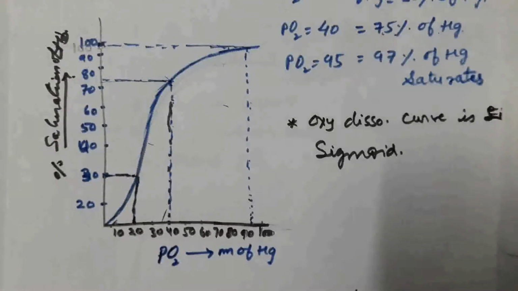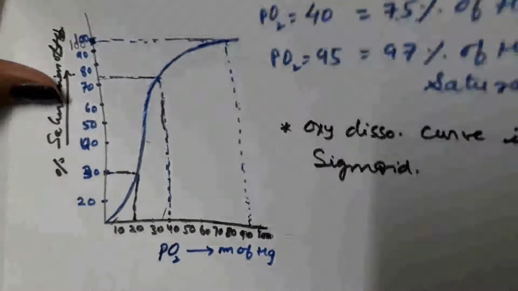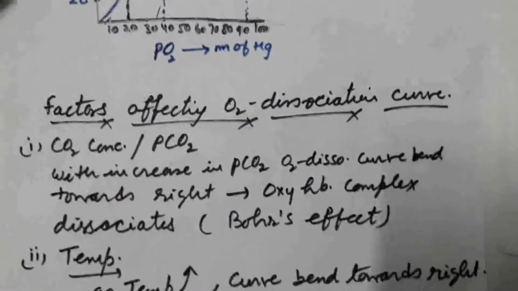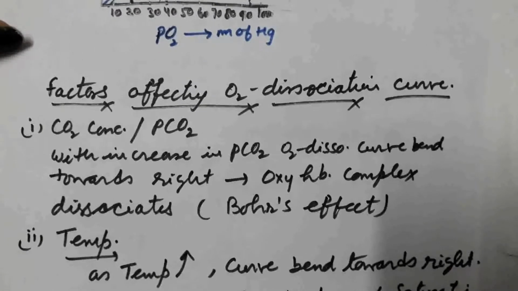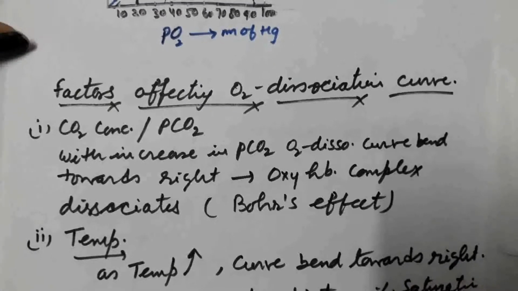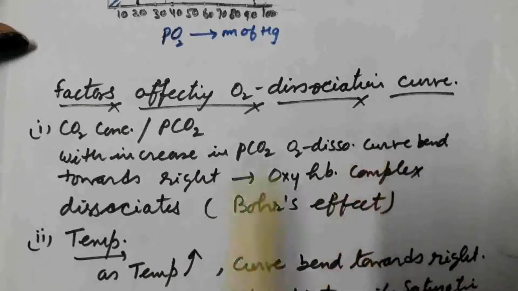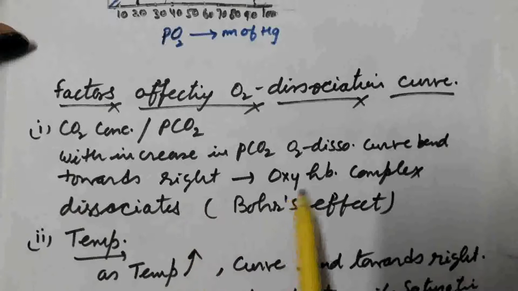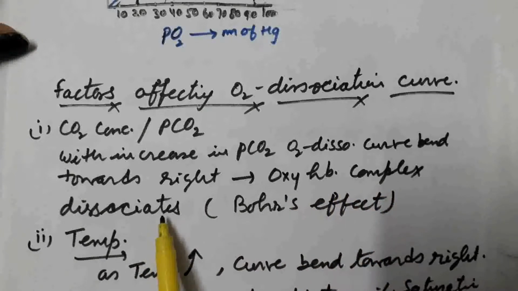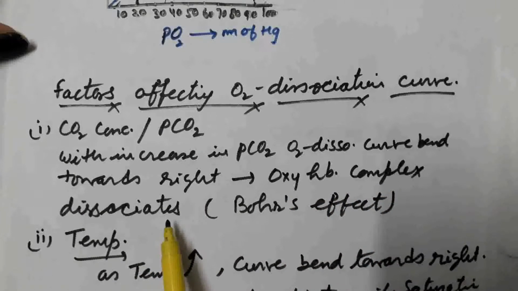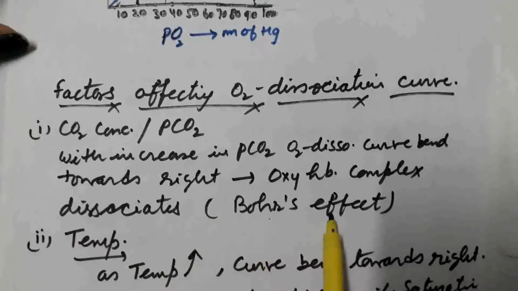So there are three factors which affect the oxygen dissociation curve. First is the carbon dioxide concentration, that is partial pressure of CO2. As there is an increase in the partial pressure of CO2, the oxygen dissociation curve bends towards the right. The oxyhemoglobin complex dissociates, and percent saturation of hemoglobin decreases. This is known as the Bohr's effect.